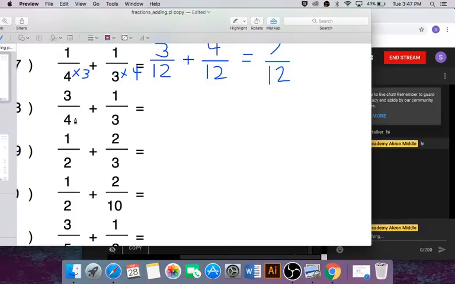Our next one, we have 4 and 3 again. So just like up here, we're going to put both of them over 12. Four times 3 is 12, and 3 times 4 is 12.